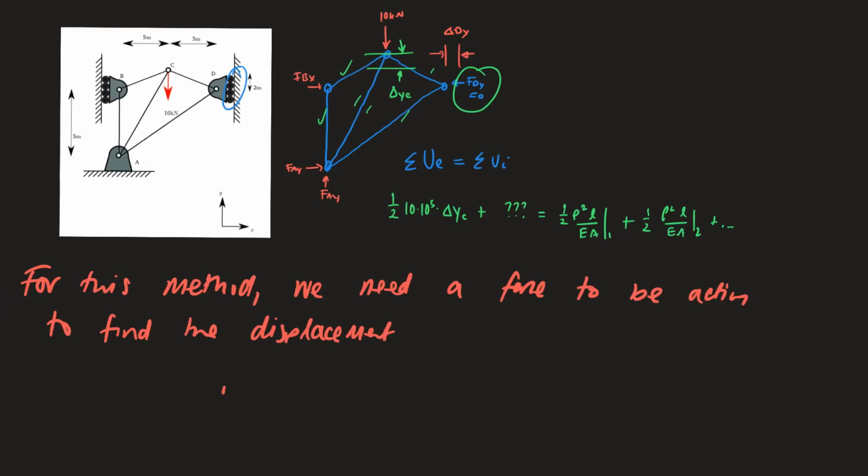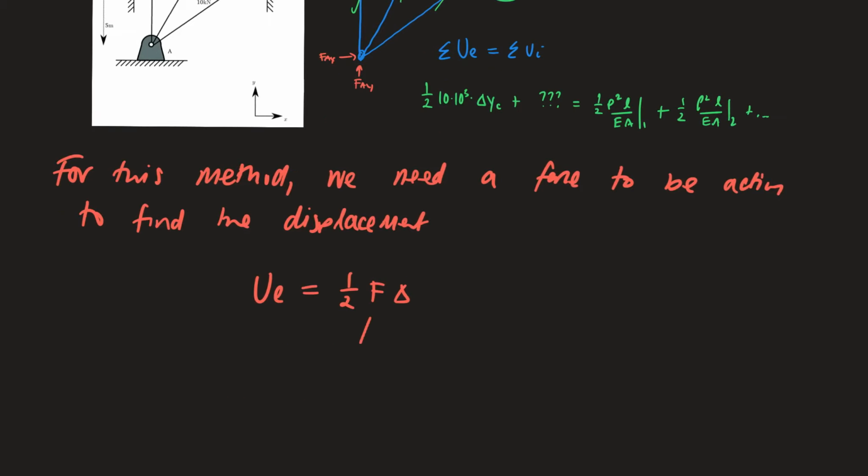If we remember that UE is equal to a half F multiplied by delta, F cannot be equal to 0 if we want this to not be equal to 0.